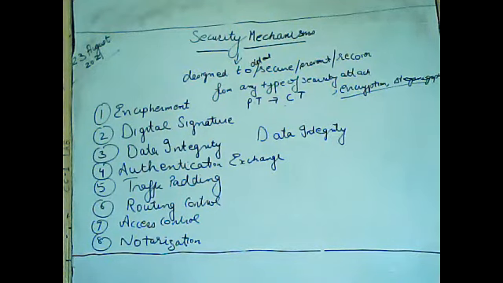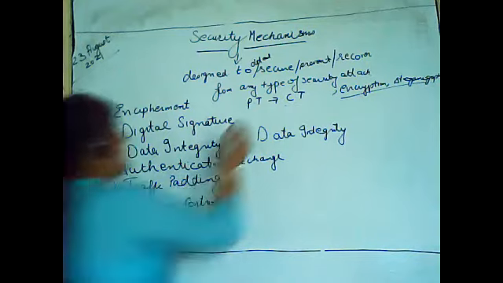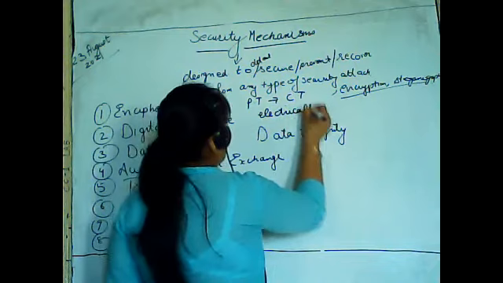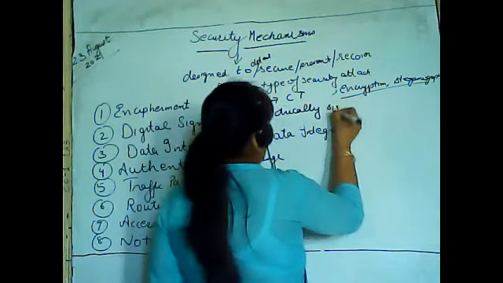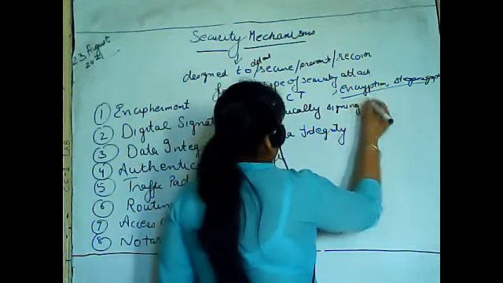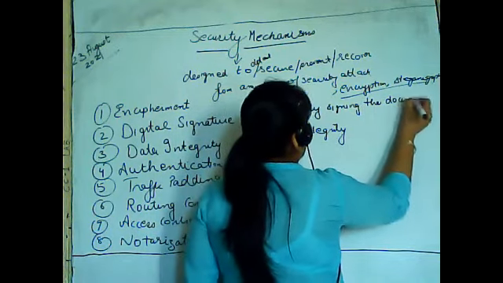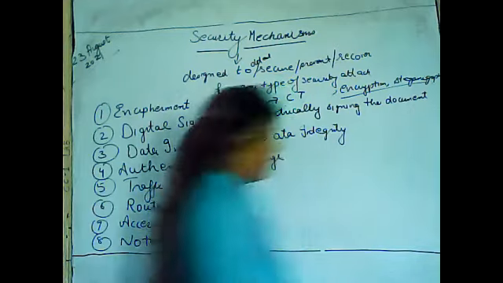Digital signature is basically a means by which the sender can electronically sign the document. Electronically signing the document is the part of your digital signature.